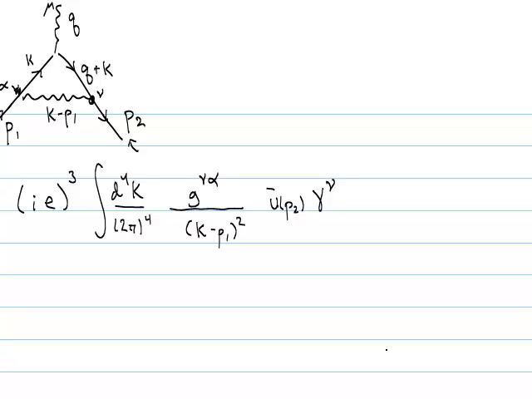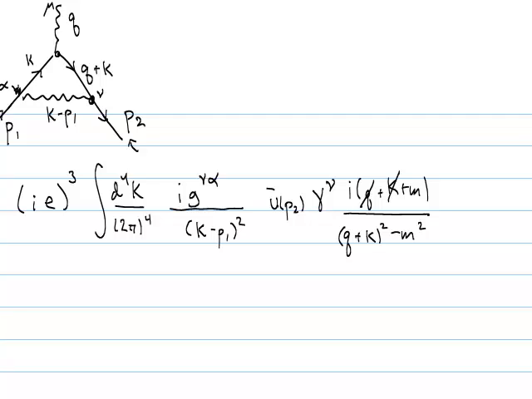Sorry, I left out an i here. There's i's in all of those propagators. i times (q slash plus k slash plus m) over (q plus k) squared minus m squared. So that's one electron propagator.